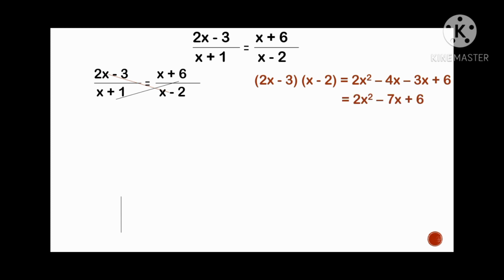And then after multiplying the extremes, let us now multiply the means. So the means are x plus 1 and x plus 6. So if we are going to use the FOIL method, we have now the product x squared plus 6x plus x plus 6.